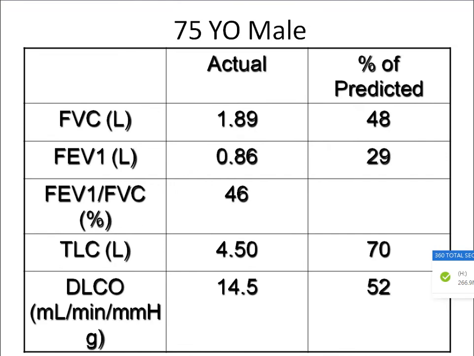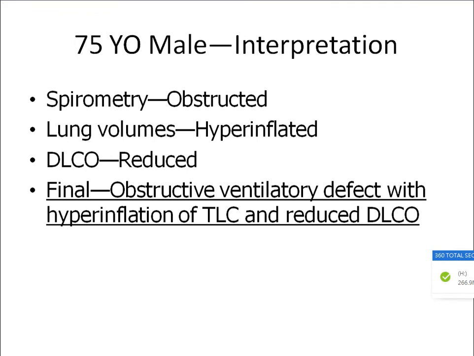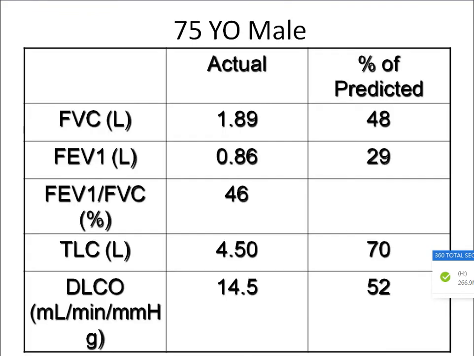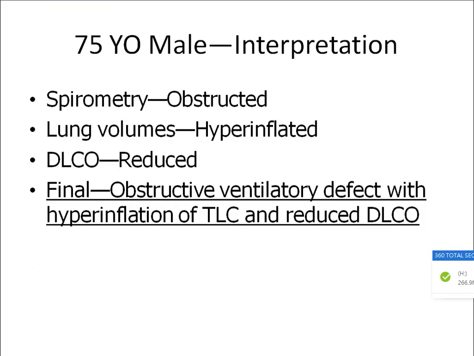You see the total lung capacity, 4.50. It is also slightly diminished. Lung volume is slightly diminished. And you see DLCO 52% predicted. DLCO is also decreased. This is a predominantly obstructive ventilatory pattern with decreased DLCO.